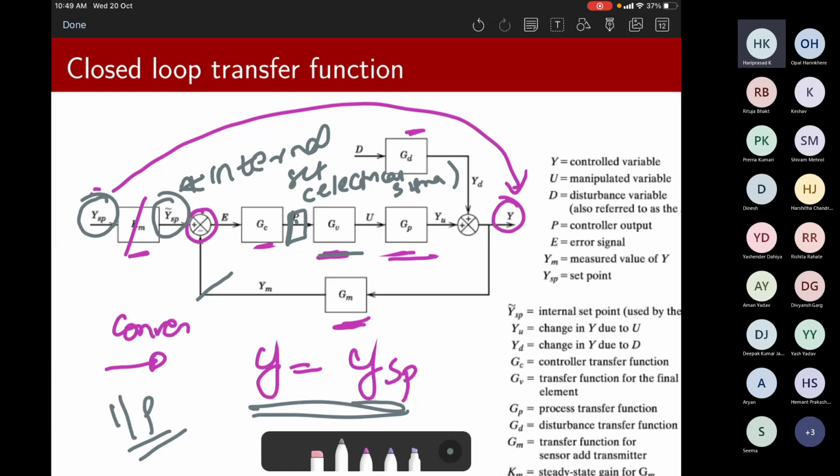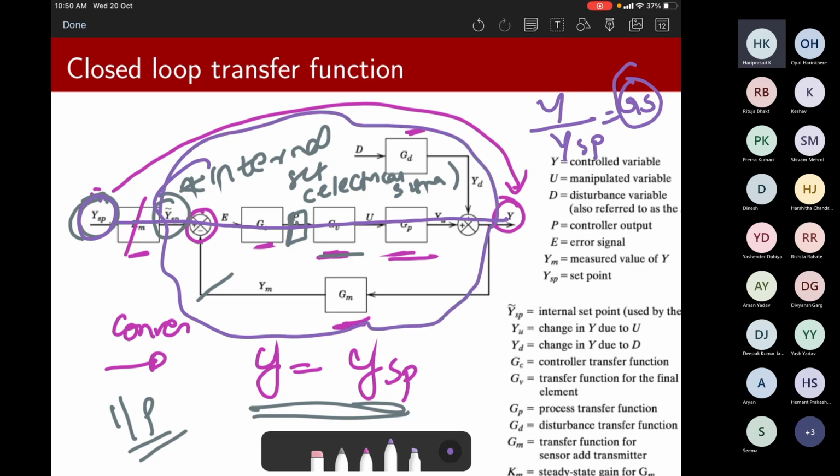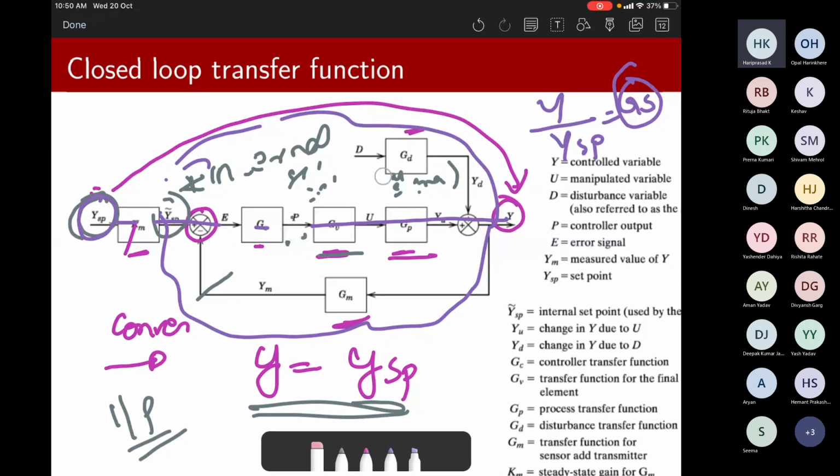So what you have to do is develop a transfer function between Y and YSP, so that Y by YSP equals the desired value. You need to build a transfer function containing everything inside. YSP is outside, so you have to look at the way it is. So again, cluttered.